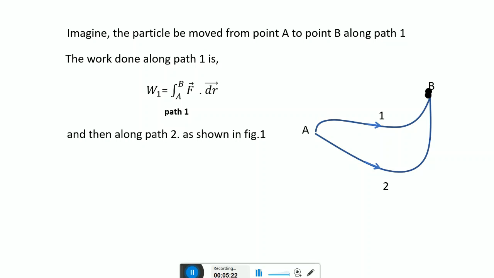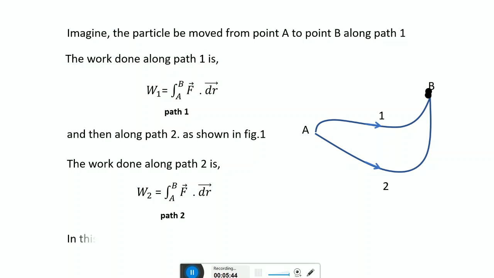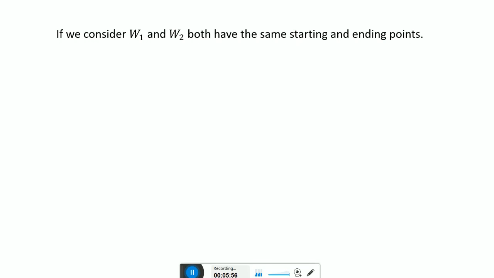Then the work done along path 2 is, suppose, W2, which is equal to the integration from A to B of vector F dot vector dr. So from the above equations, W1 is equal to W2. That means the work done along path 1 is the same as the work done along path 2.